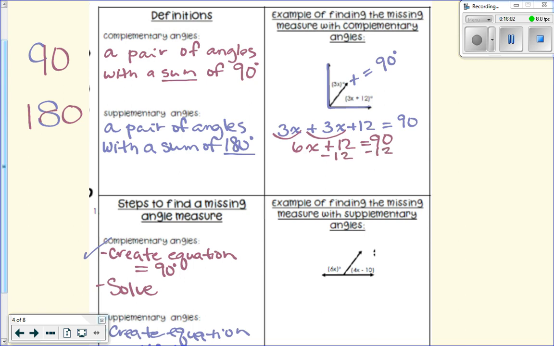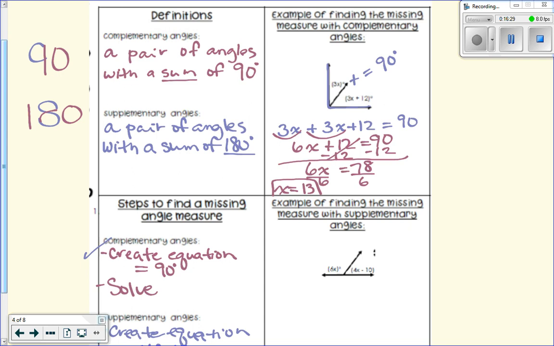Subtract 12 from both sides, which gives us, divide by 6, and we're left with x equals, so do I get 13? But it says we need to find the missing measure with complementary angles. How do we find the measure of each angle?